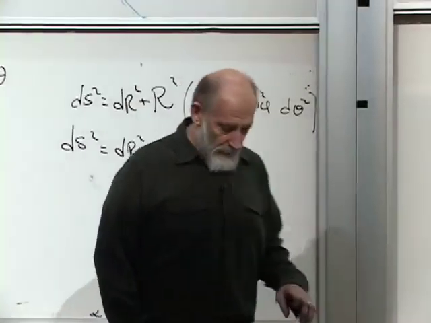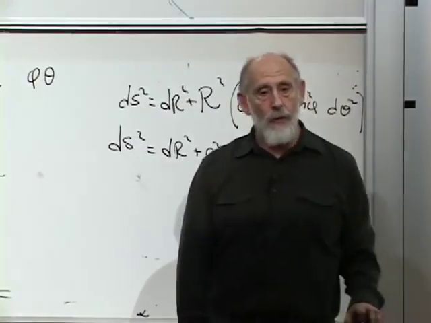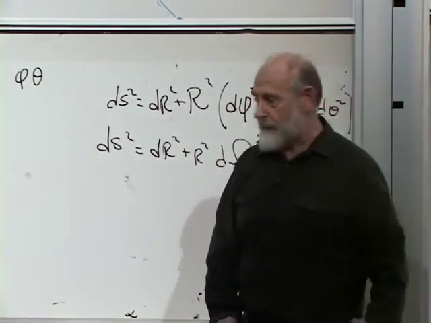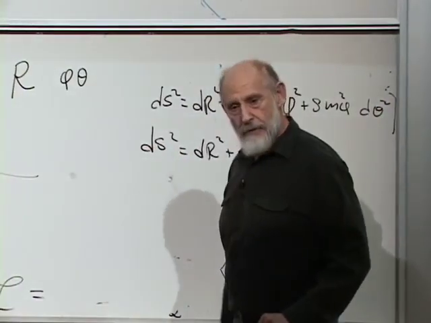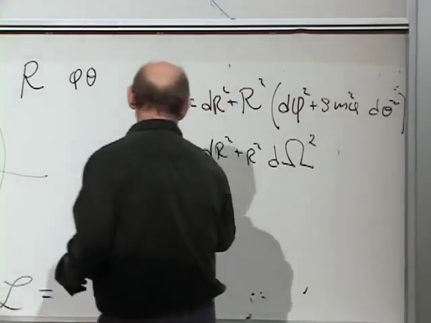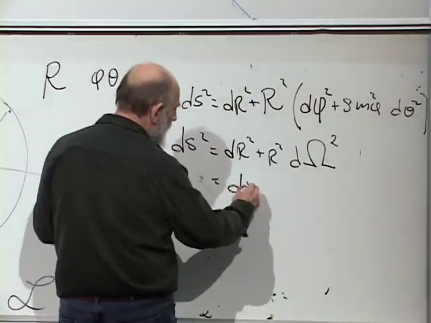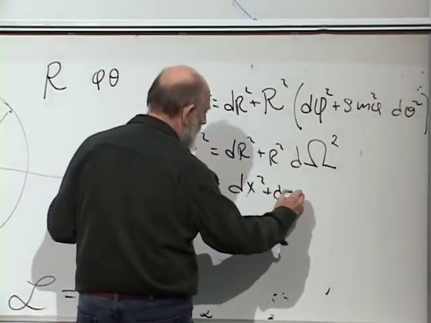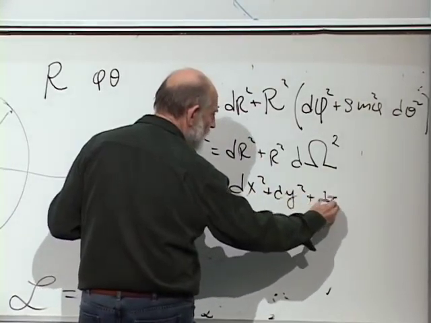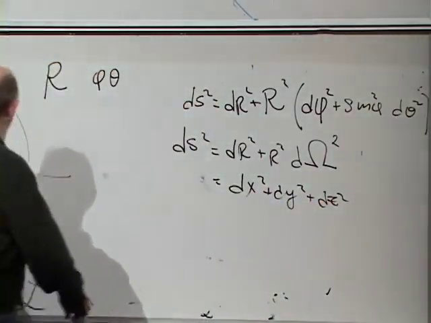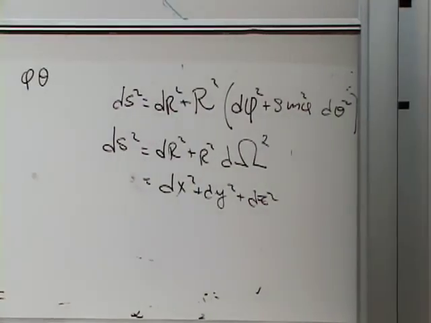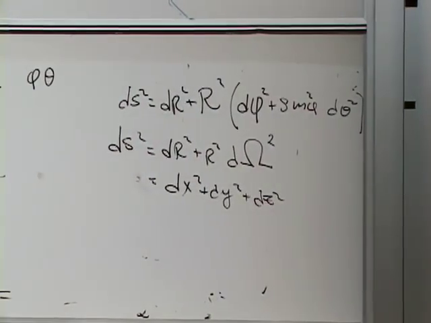Okay, now, what about space-time? Supposing we're doing flat space-time. This is the metric of space. It really is equal to just good old dx squared plus dy squared plus dz squared. That's all it is in some other coordinates, x, y, and z. But what about the metric of space-time?